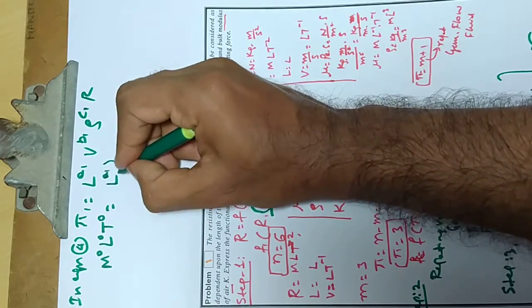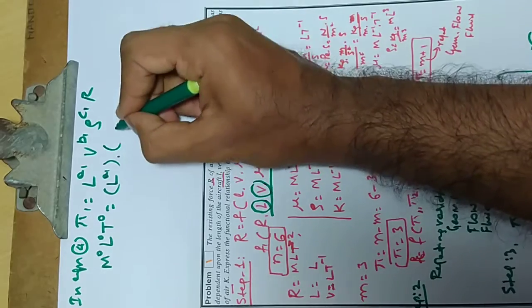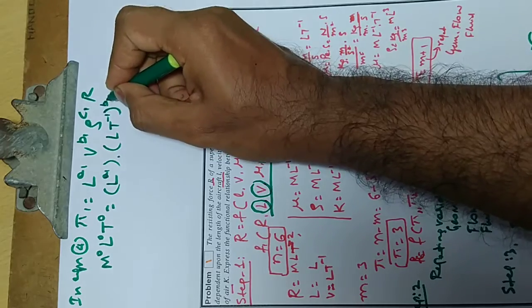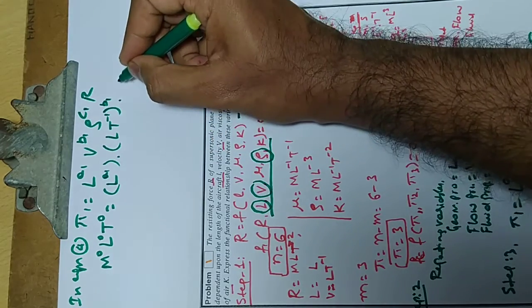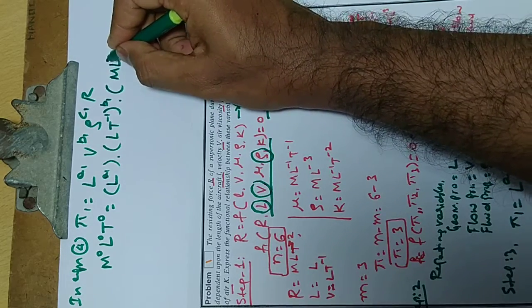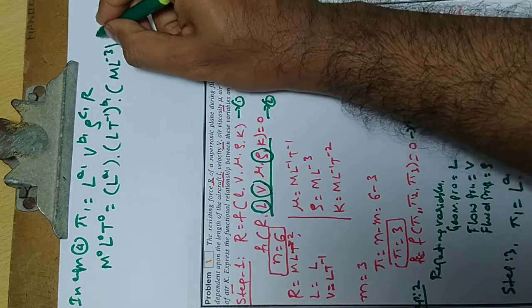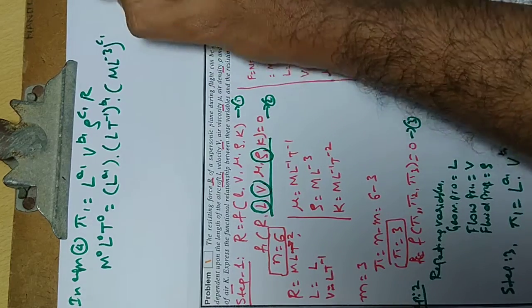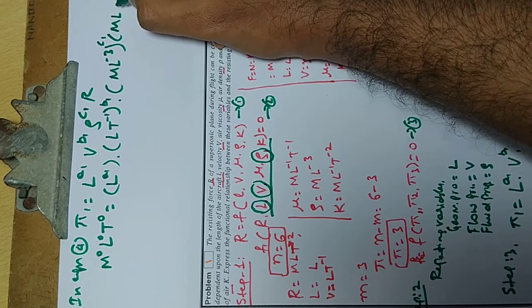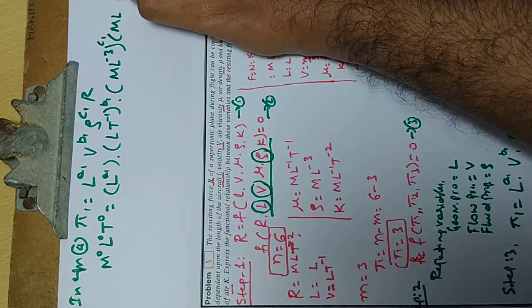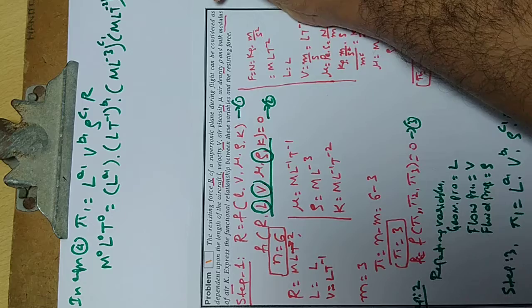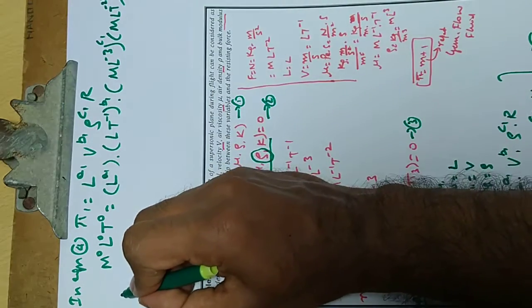L to the power of a1, v, velocity, L T minus 1 to the power of b1, rho, M L to the power of minus 3 to the power of c1, r, M L T minus 2.